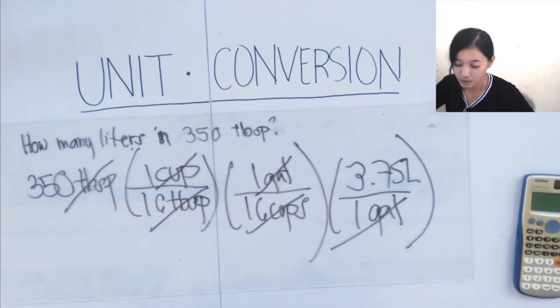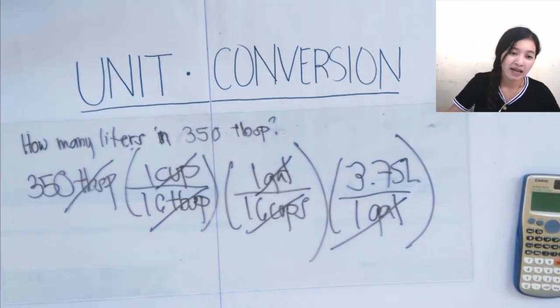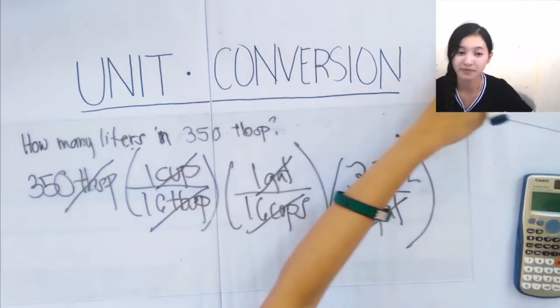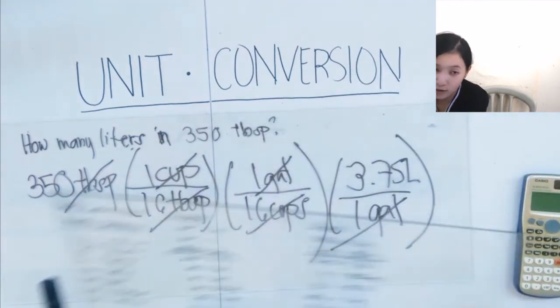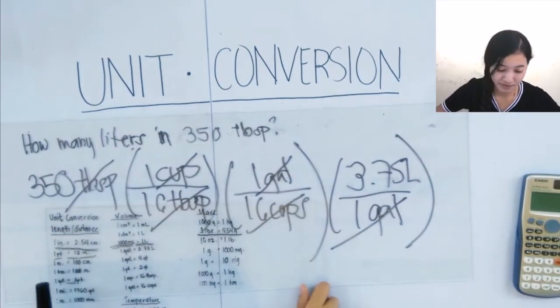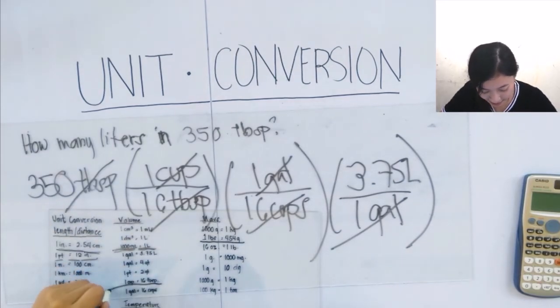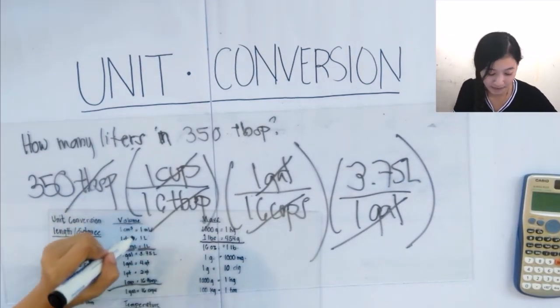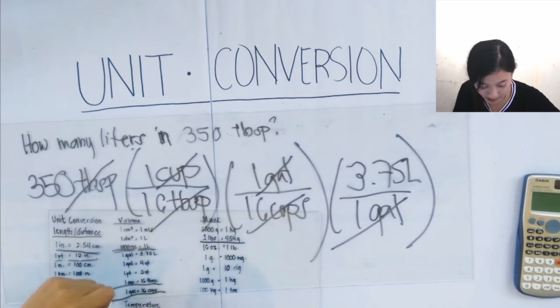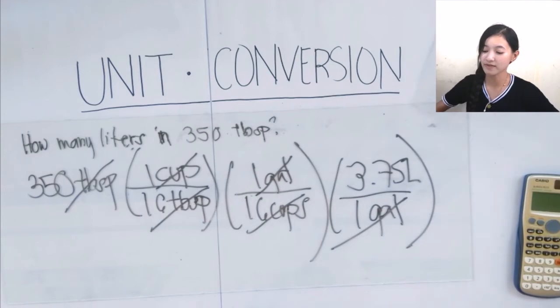So in unit conversion of volume, we have 16 tablespoons is equal to 1 cup, and 16 cups is equal to 1 gallon. 1 gallon is equal to 3.75 liters.